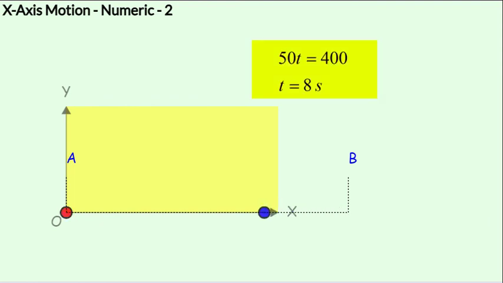Solving, we get the time t as 8 seconds. Again, you can see that once you have fixed A and then obtained the initial and final displacements of B with respect to A and also the velocity of B with respect to A, plugging this into the equations of motion gives us the answer.